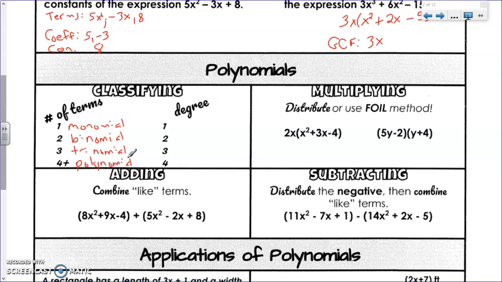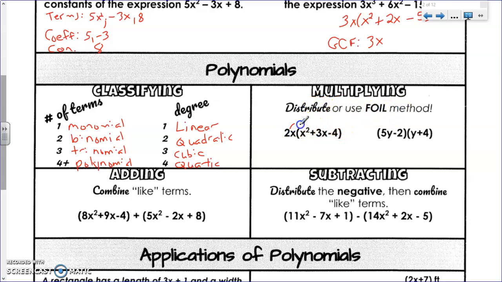If we talk about the degree, when it's 1, it's linear, makes a straight line. 2 is quadratic, makes a U-shaped graph. 3 is cubic, and 4 is quartic. And then 5, if you remember, is quintic.